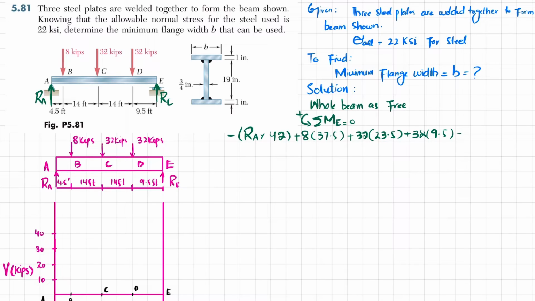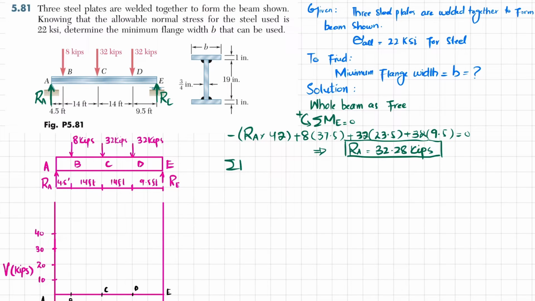Their sum must be equal to 0. So when you solve this, you will get RA equal to 32.28 kips. Now we have this value, the reaction force at point A.